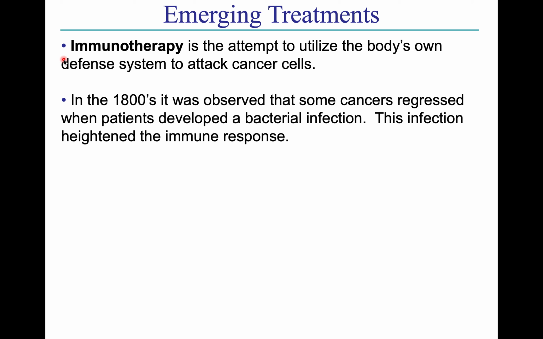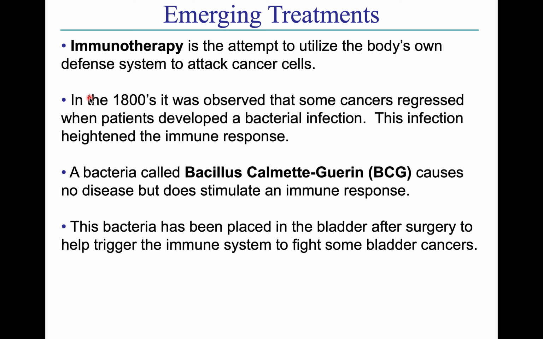And some primitive version of this was realized even back in the 1800s. Physicians noticed that some cancers would seem to regress and sometimes even go into remission when patients developed a secondary bacterial infection. And what they realized was happening is that the heightened immune response trying to deal with the bacterial infection is allowing the immune system to also attack the cancer cells, driving it into a remission.